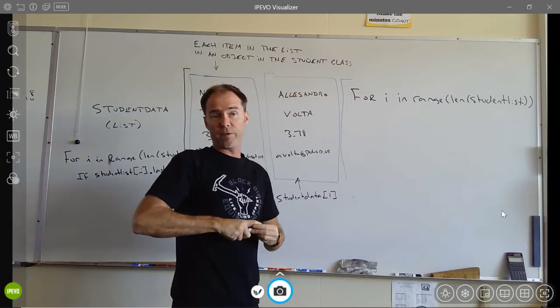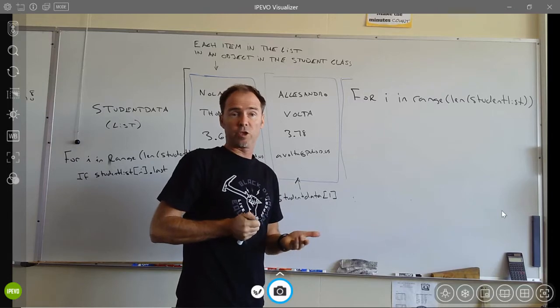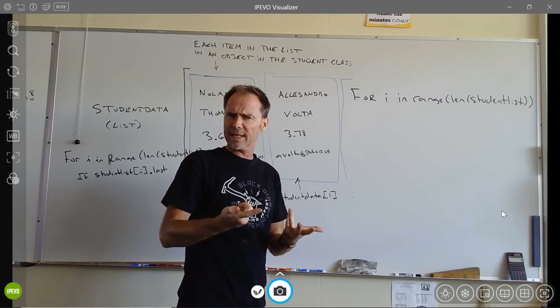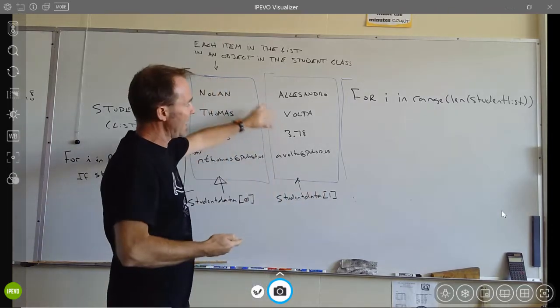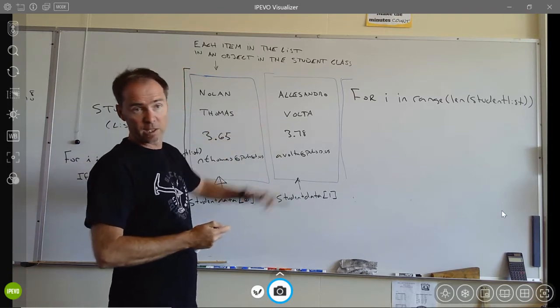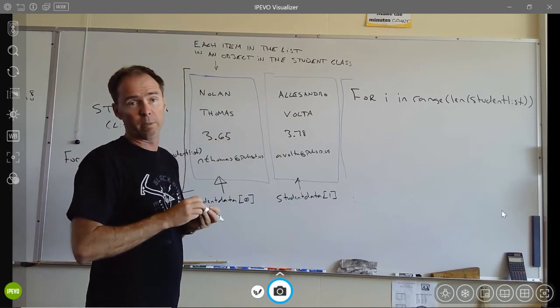If I want to look for something within the list, there's no such thing as just student list, because each item has 4 different fields. So I have to specify what kind of field I'm looking for.